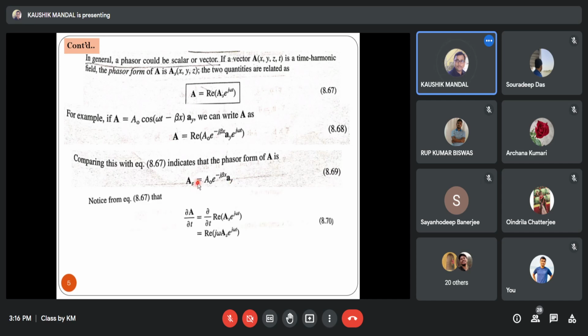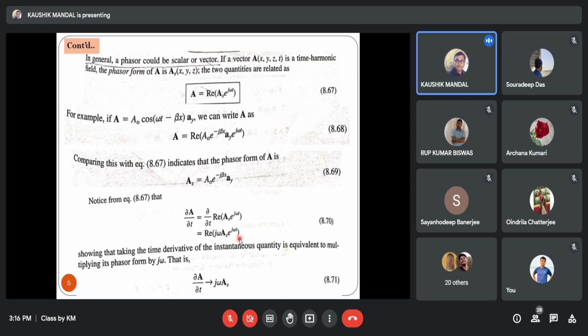Now if you consider the time derivative of equation 8.67, that is ∂A/∂t, that is the real part of As e^(jωt). So it becomes the real part of jω As e^(jωt).